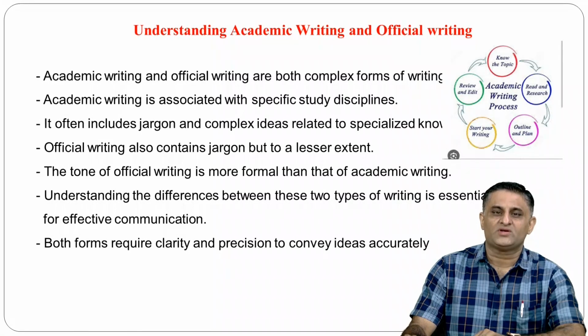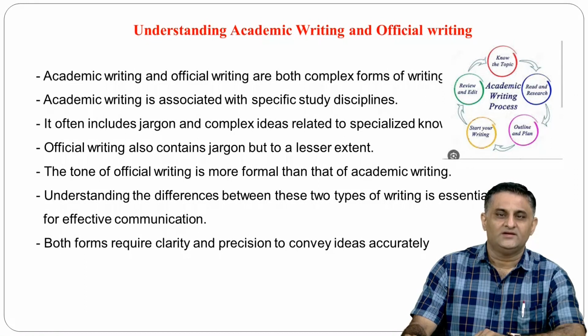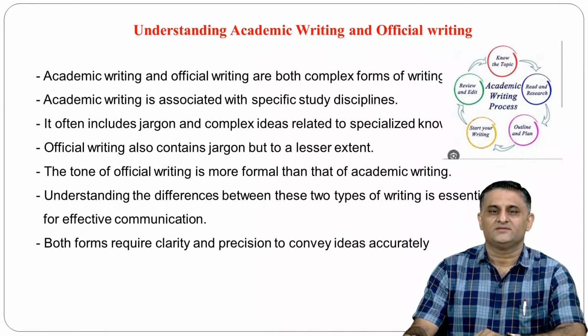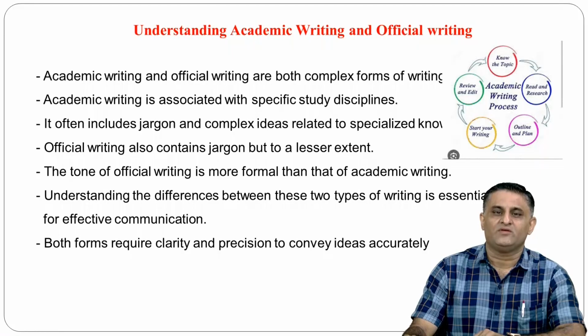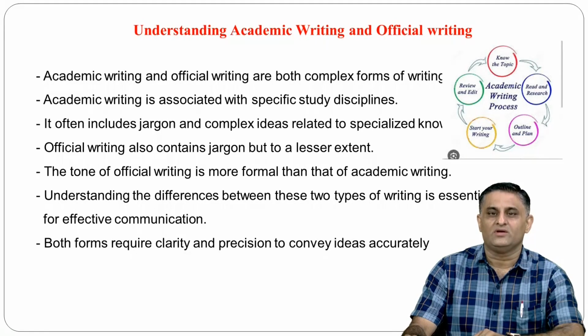The tone of official writing tends to be more formal and impersonal compared to the often analytical tone of academic writing. Understanding the differences between these two types of writing is crucial for effective communication, as each requires a distinct approach. However, both demand clarity and precision to ensure that ideas are conveyed accurately and without ambiguity, making them essential in professional and scholarly contexts.